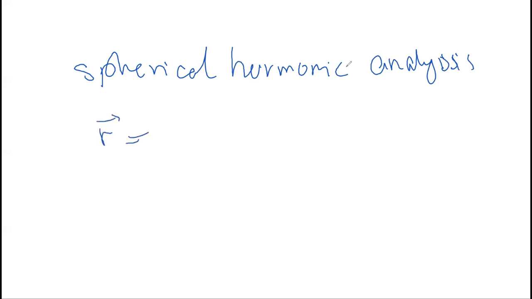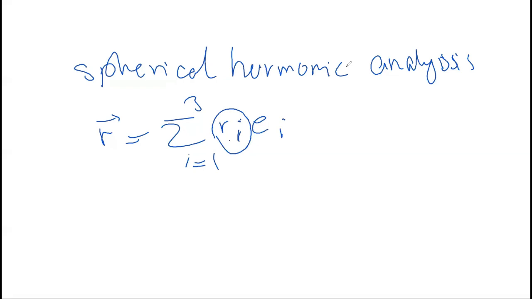I have a vector. I have expressed this vector based on the base functions, and these are the contributions along each base function. And I want to determine this coefficient, this contribution Ri.